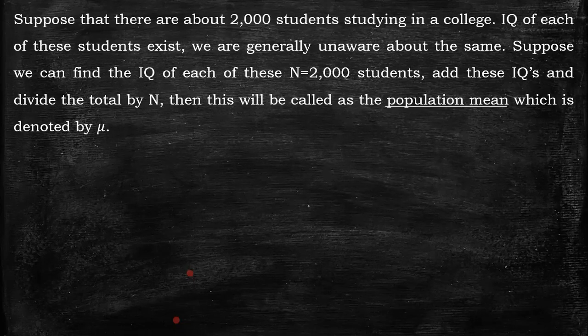Suppose we can find the IQ of each of 2000 students and add these IQs and divide by the total, that will be the population mean, which is denoted by mu. Yes, it exists, but we do not know it. If you want to know it correctly, then you get the IQ of all these 2000 students, then find its arithmetic mean, and that will be the exact value of mu.